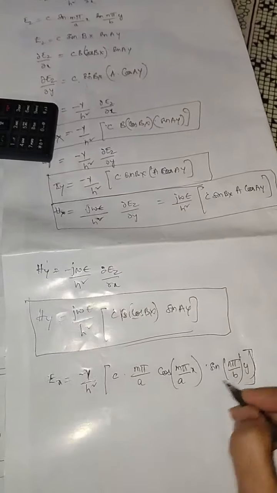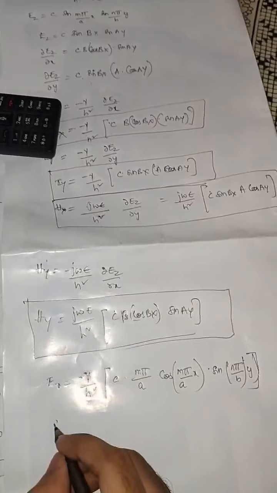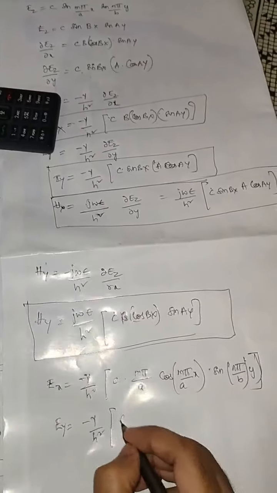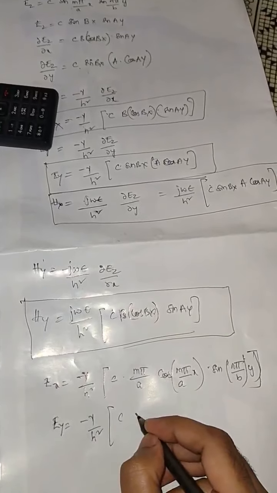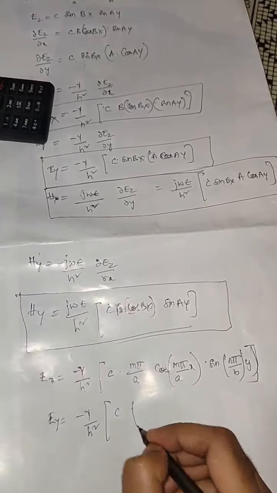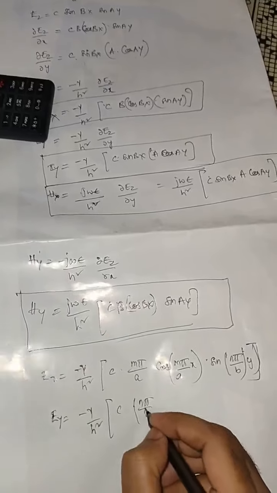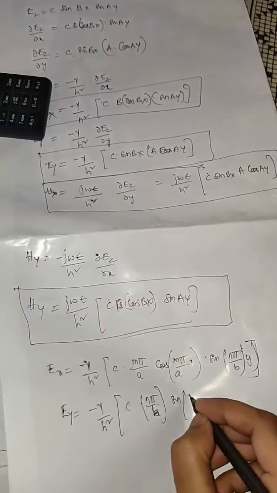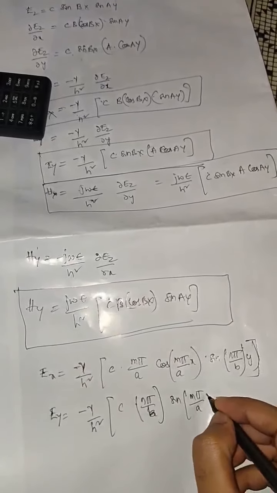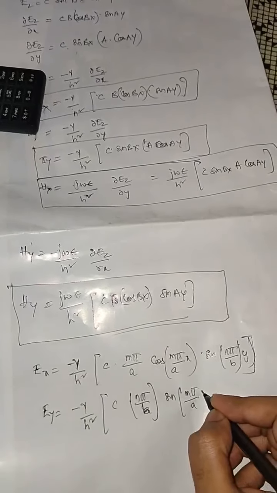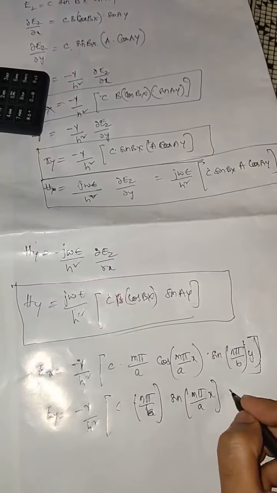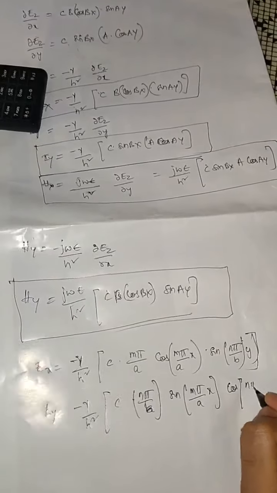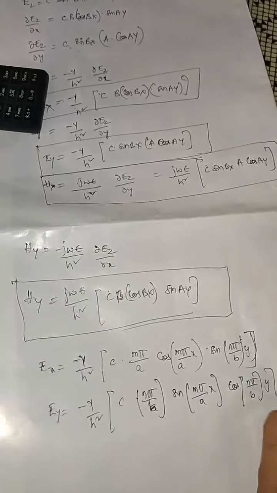Okay, so this is the value. Similarly, Ey is minus gamma by h square C multiplied with a, which is n pi by b, sin of b, which is m pi by a x, cos of a, which is n pi by b y.